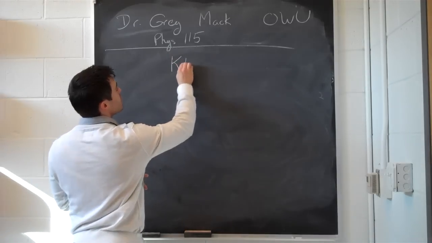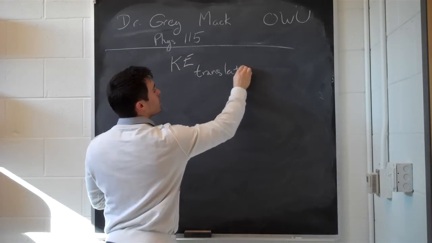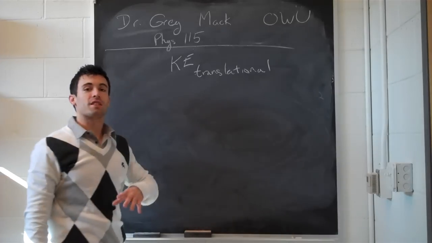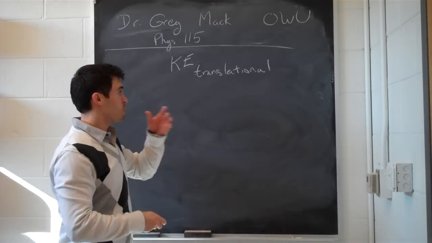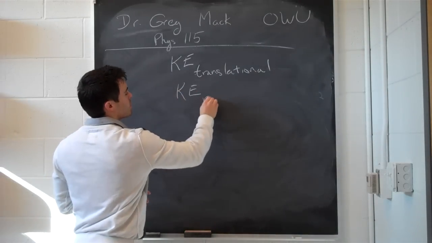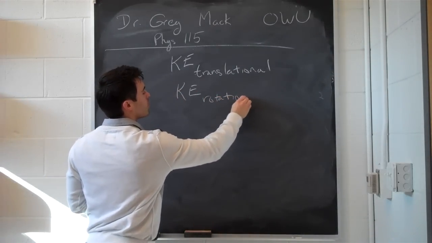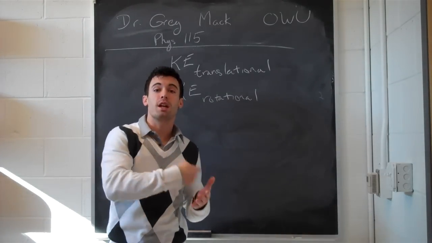We have kinetic energy translationally, meaning moving side to side, front to back, or up or down, which we'll call KE sub t. And then we have the kinetic energy from something spinning, because it actually is rotating around.